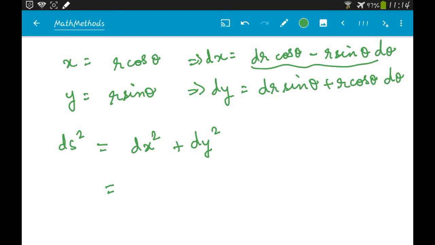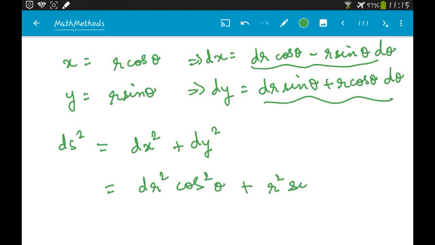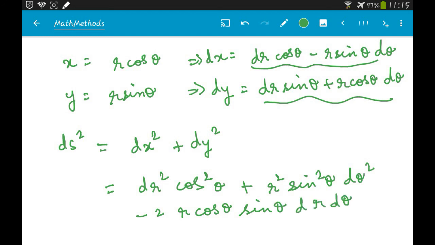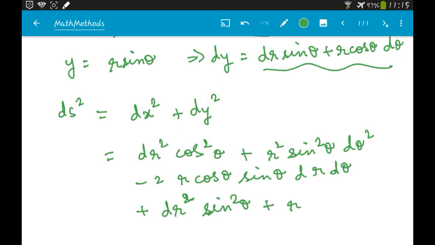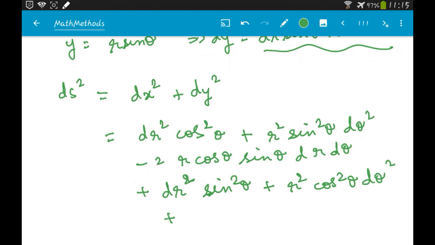Okay, and then we can write it as, so now we just take the square of these terms, right. So we will get dr square cos square theta plus r square sin square theta d theta square minus 2 r cos theta sin theta dr d theta plus dr square sin square theta plus r square cos square theta d theta square plus 2r cos theta sin theta dr d theta.